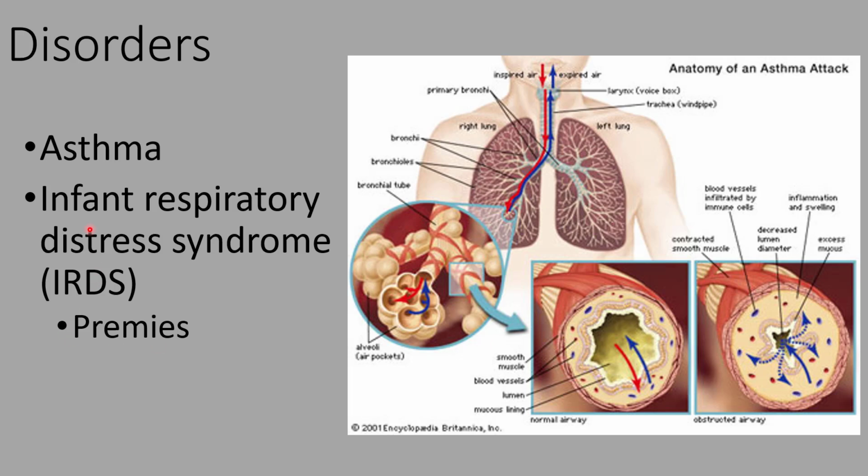And the other disorder we will talk about is infant respiratory distress syndrome, or IRDS. This is something that can happen to any baby, but it is much, much more common in preemies, the prematurely born babies. What happens in IRDS is when a baby is in the womb, it doesn't need to breathe.